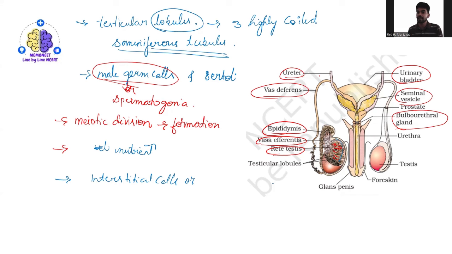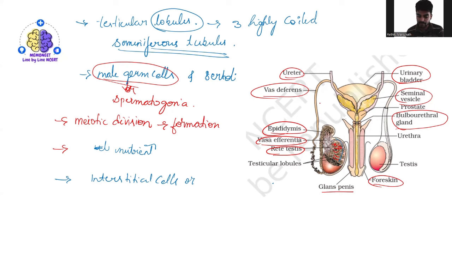So this entire system is covered by the foreskin, and this region is called the glans penis. So everything you will analyze, you will see here. See, this thing, the seminiferous tubules that we are talking about.